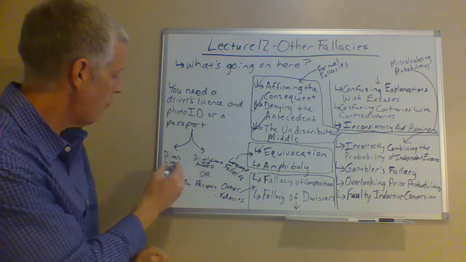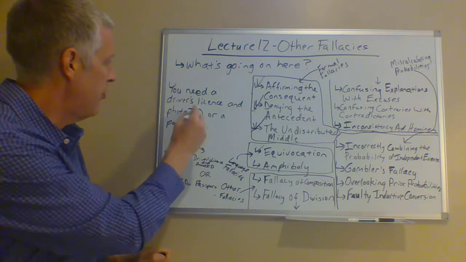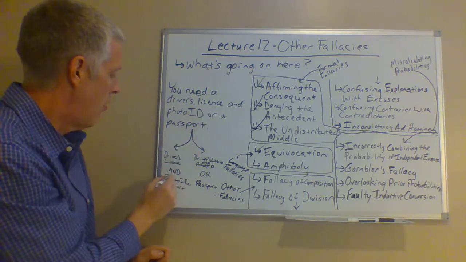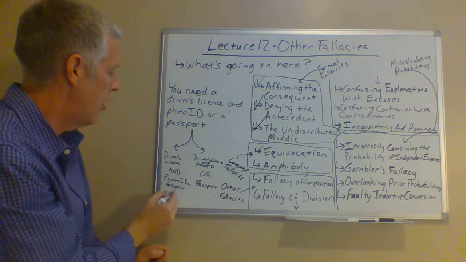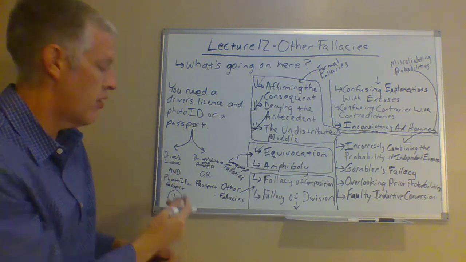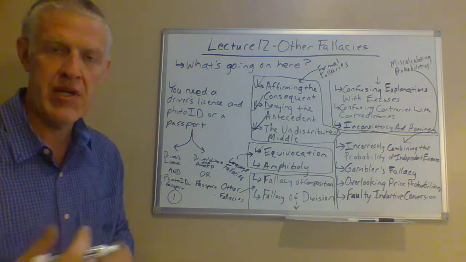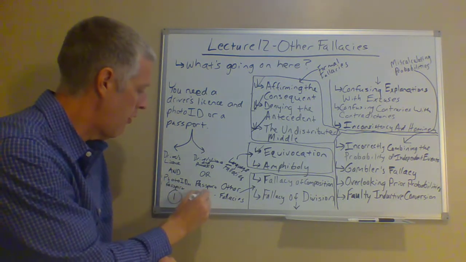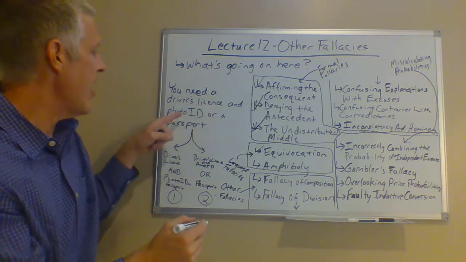On the one hand, we could read it as saying, look, you need a driver's license and, right, a photo ID or passport. Option 1 here. So you better bring your driver's license and then either a photo ID or a passport. Either one of those would work. Or does it mean you need a driver's license and photo ID?